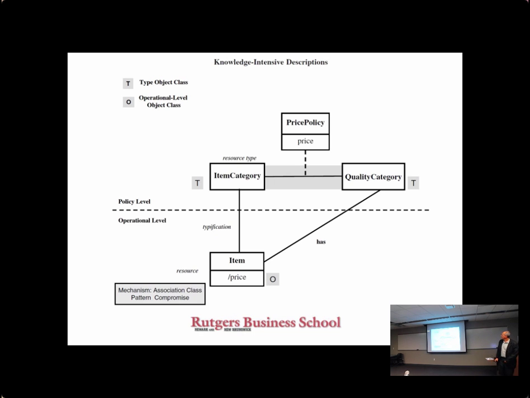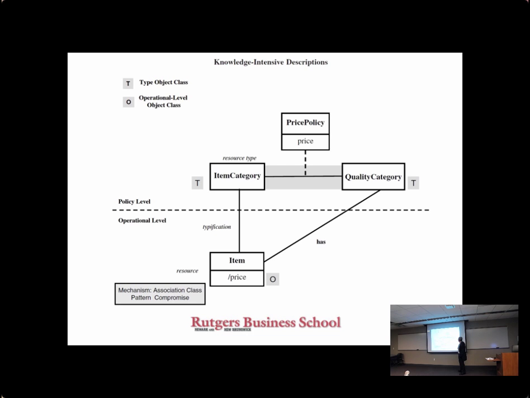One describes the item category, and the other one describes the quality category, right? And then our policy is described by the association class. So the mechanism is association class. It means that an attribute in the relationship table that actually relates the item category to the quality category describes this policy, right?